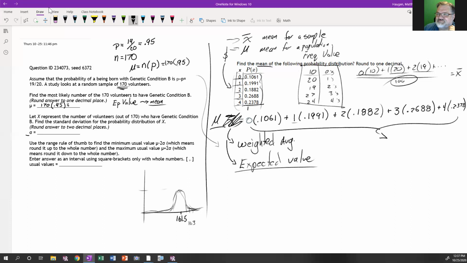Sure, it's possible. Is it possible that 150 people will have it? Sure, it's possible. Is it possible only 50 people will have it? It's possible, but it's really unlikely. That would be very unusual. There's an unusual question down here somewhere. Very unusual for it to be that low.